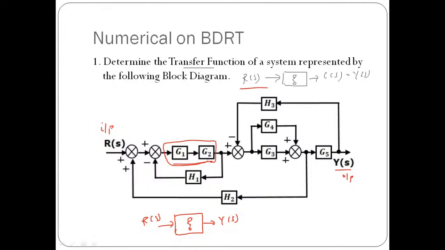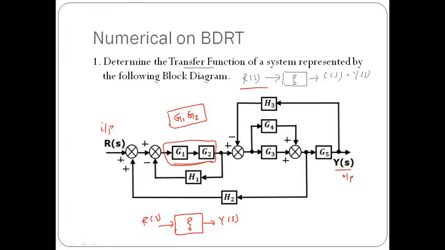Because they are connected back to back and they do not have any summing point or takeoff point in between them. So we can treat these two blocks as a combination of two blocks connected in series configuration. So we can club them by G1 into G2, because I told you that when the blocks are connected in series, the effective block gain will be the product of individual block gains.